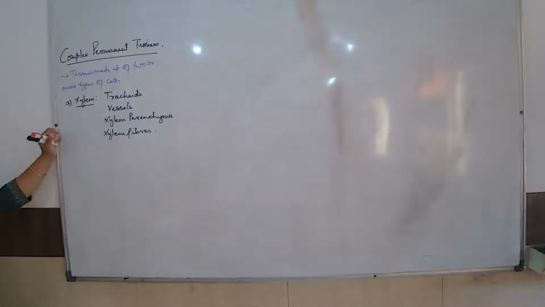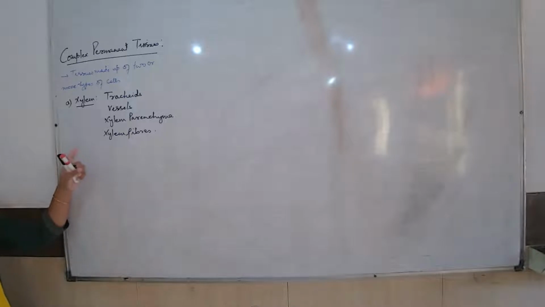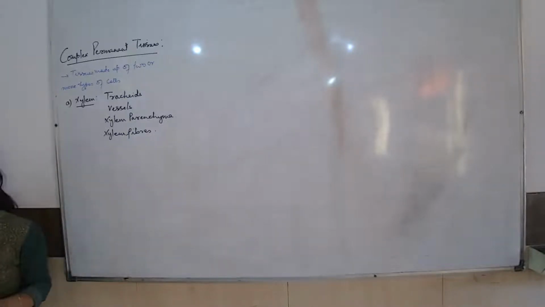Now, when we are talking about complex permanent tissues, we had already finished simple permanent tissues the other day. Remember that in simple permanent tissues, the tissues are made up of only one type of cells. We learned three types: parenchyma, collenchyma, sclerenchyma, their structure, location, and function. Today the next concept is complex permanent.